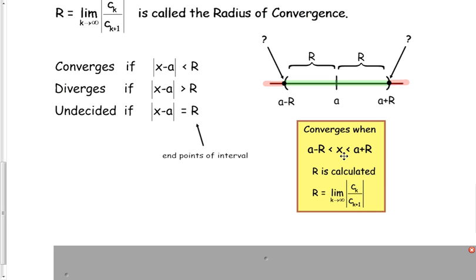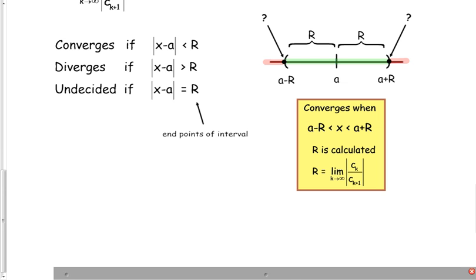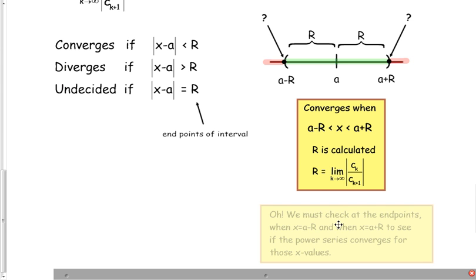The power series converges as long as x is between a minus R, and remember a is the center, and a plus R. And remember how we calculate R. R is the limit of the absolute value of the ratio of the kth coefficient divided by the k plus 1 coefficient. That's very critical. This is really why I've highlighted that. That's important.